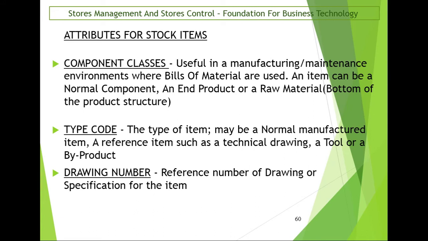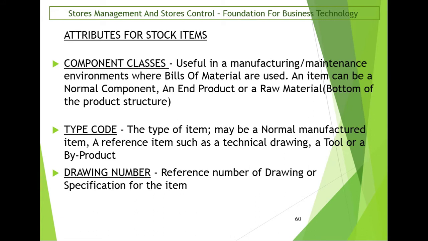There is also another attribute that we call a component class. This one is useful especially in manufacturing and maintenance environments, where we use bill of materials or bill of quantities. So for a product that is having a combination or a recipe of how the item is made, you will discover that the item that is on top, the final product, is called an end product or an end item.